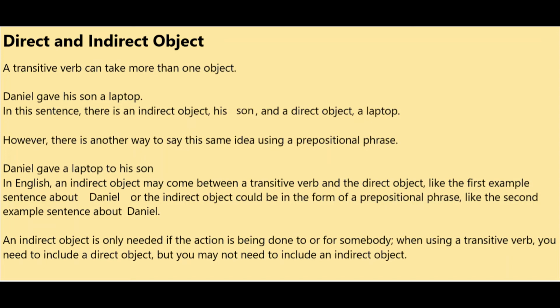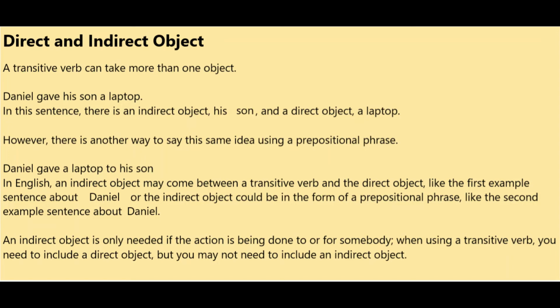An indirect object is only needed if the action is being done to or for somebody. When using a transitive verb, you need to include a direct object, but you may not need to include an indirect object.